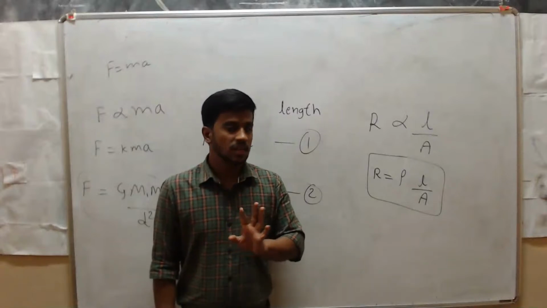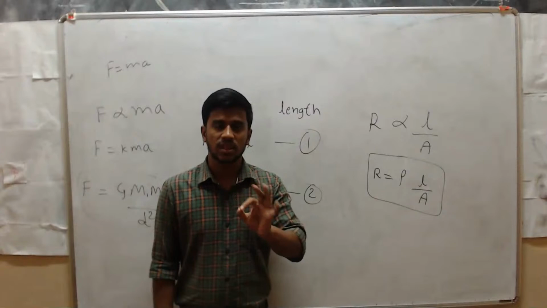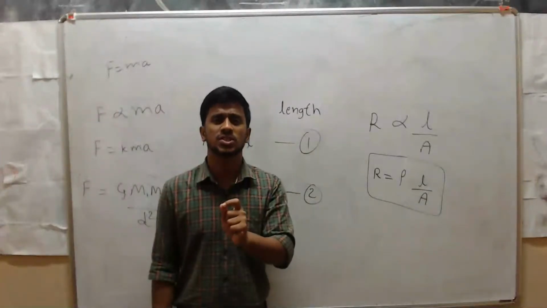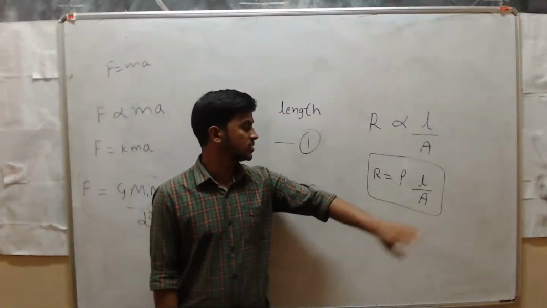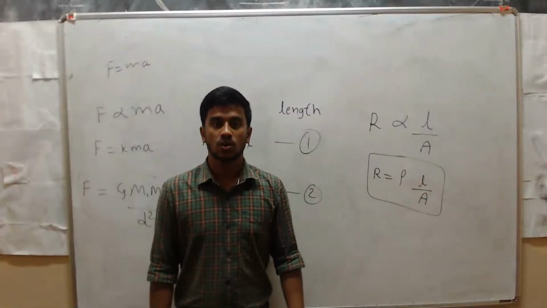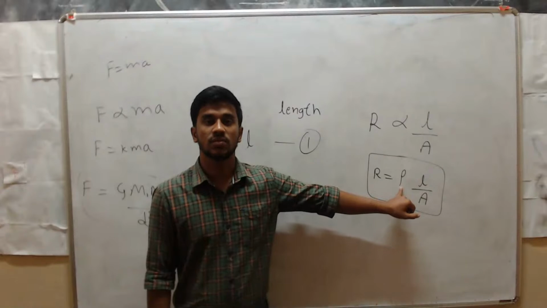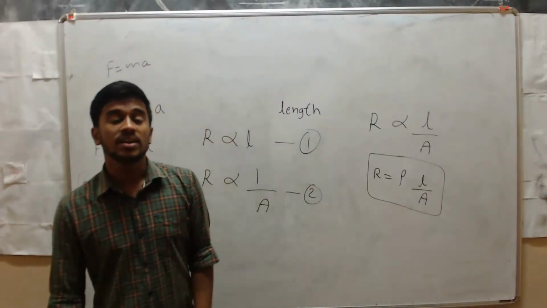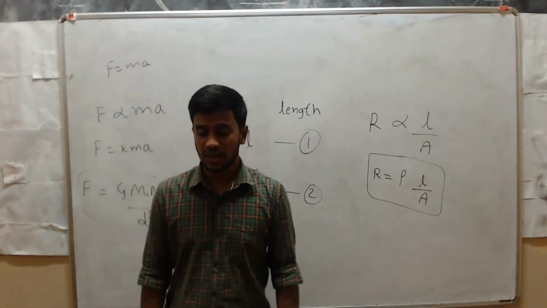If you take some conductors, they have some kind of minimum resistance, and that is called rho, or resistivity. Resistivity means the specific resistance of a conductor.